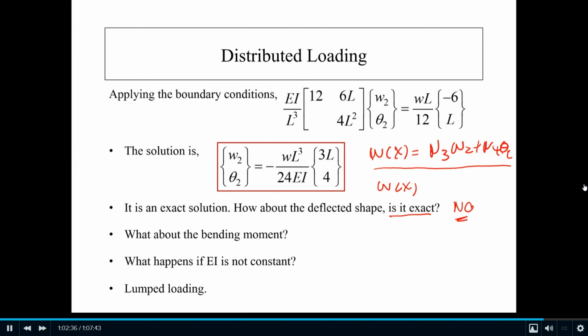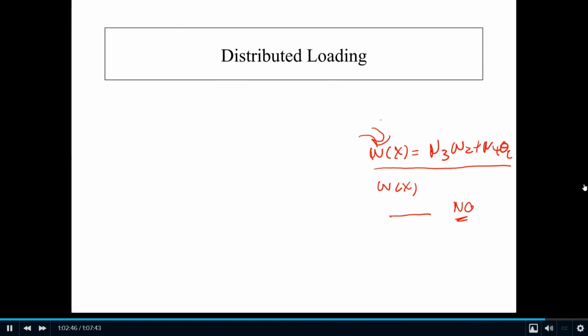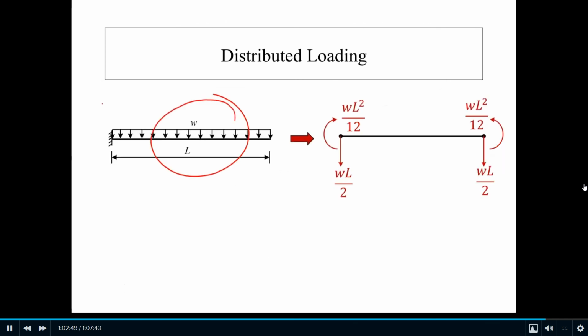So w(x) here is a polynomial of order 3. But for this problem, the deflected shape would be a polynomial of order 4. It's a different order, so that's why the FEM deflected shape here is not exact.